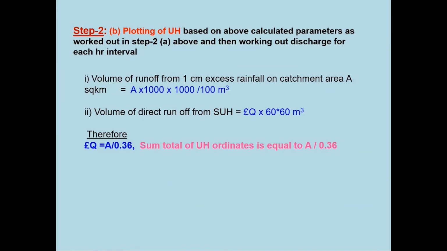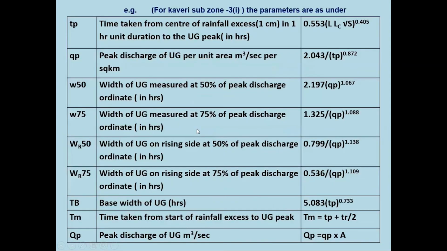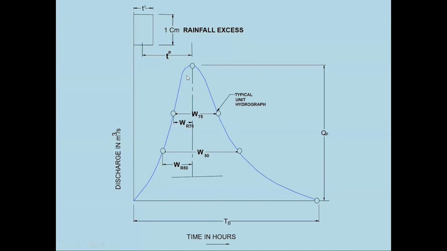The next step is that I have drawn a hydrograph. How will I find the shape of the hydrograph, because I now have some fixed points. I will show you the graph again. I know this QP from the equation, I know WR75 by this equation, I know W50 by this equation.